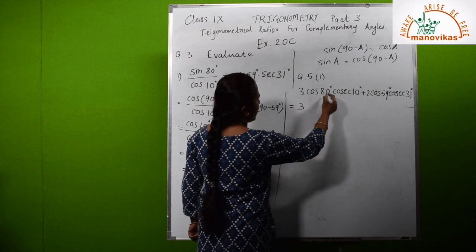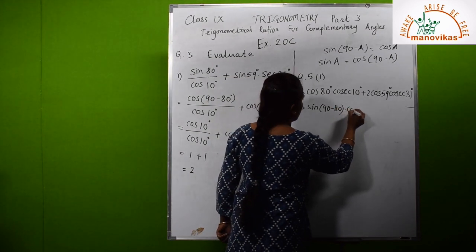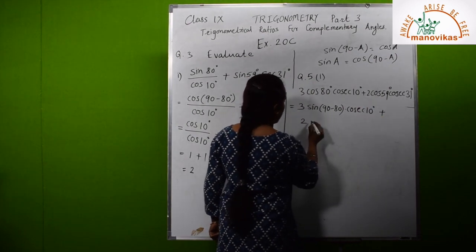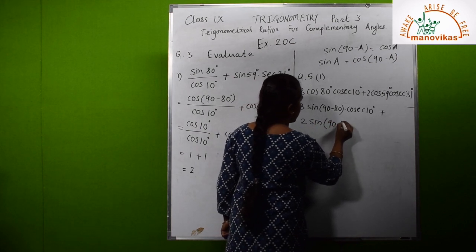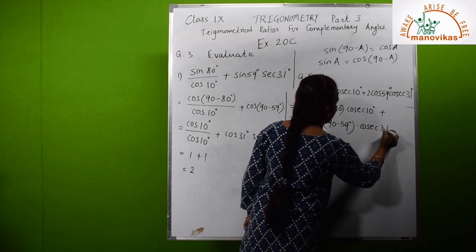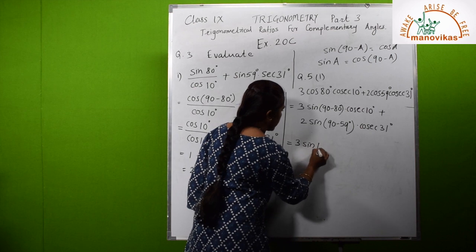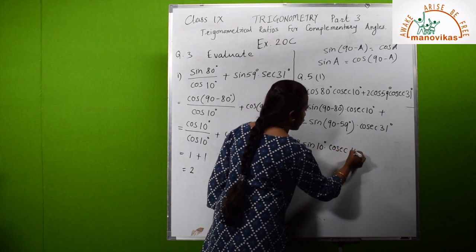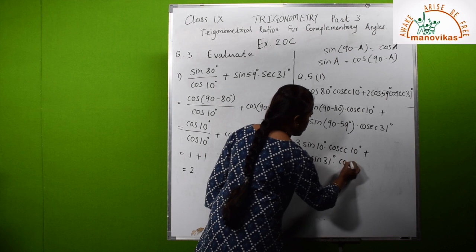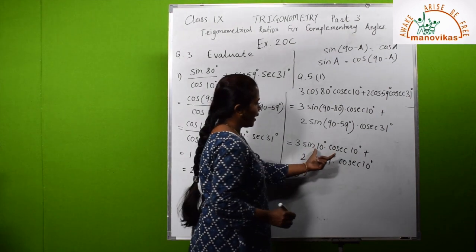Now we can write cos A in terms of sin 90 minus 80 into cosec 10, plus 2 cos 59 degree, again sin 90 minus 59 degree into cosec 31 degree, is equal to 3 sin 90 minus 80 is sin 10 degree into cosec 10 degree plus 2 into sin 31 degree into cosec 31 degree.